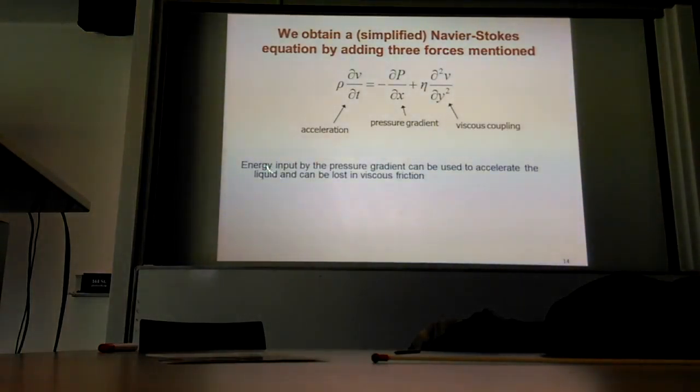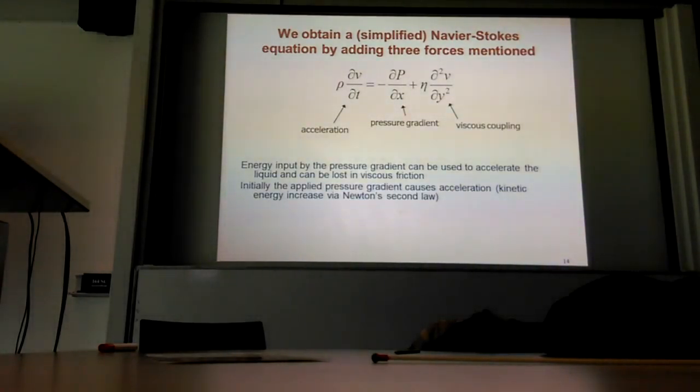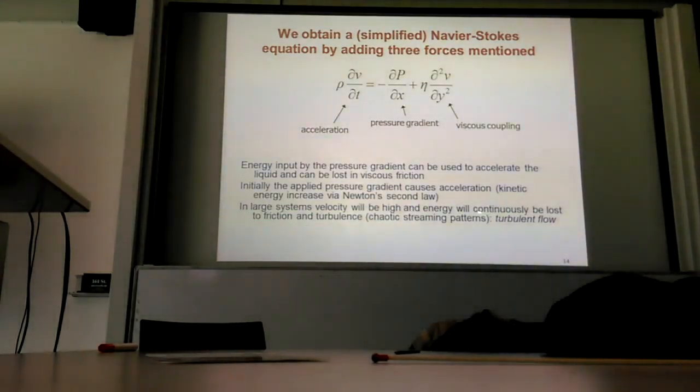So energy input by the pressure gradient can be used to accelerate and to create friction. Initially, you get acceleration. Now, in large systems, you will get very high velocities. We will see that later. We get turbulence.